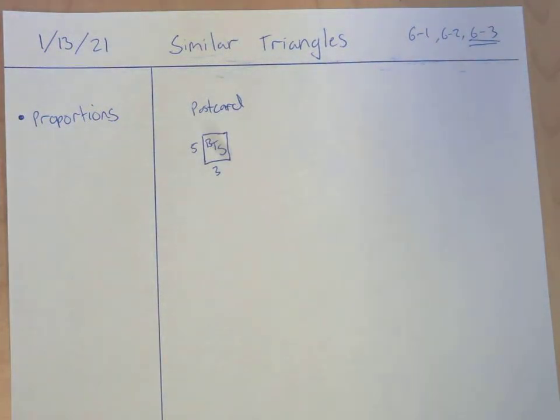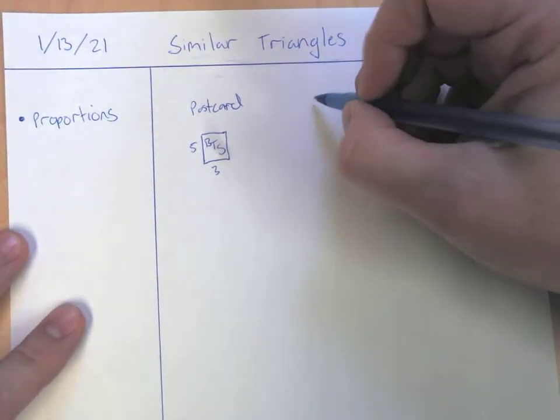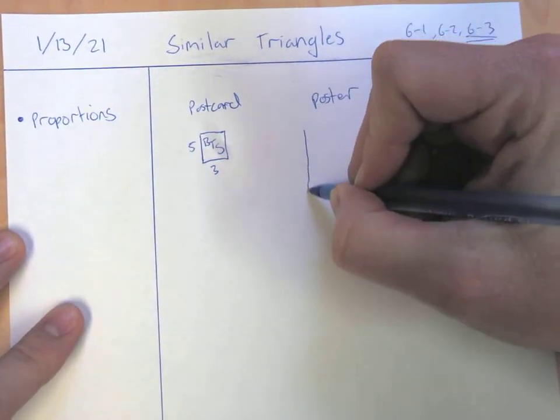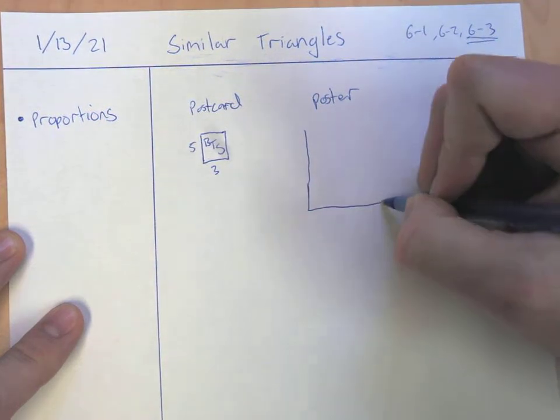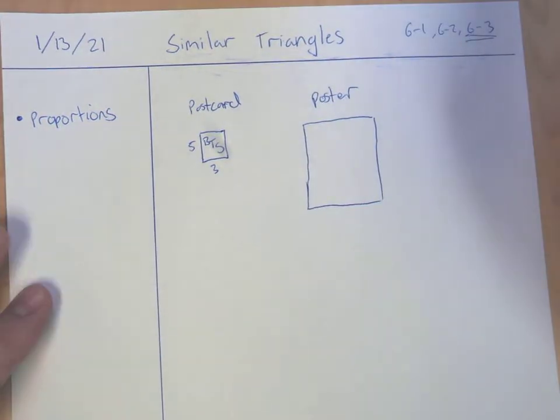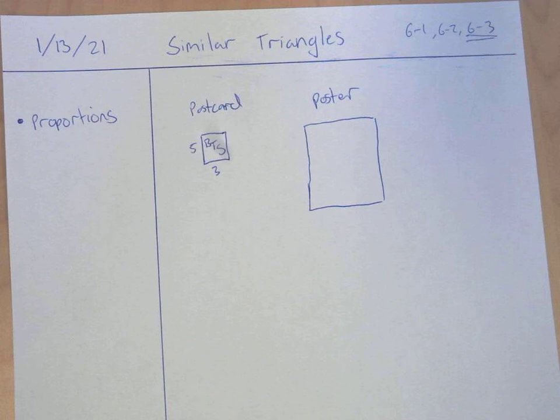When we make it bigger, though, we don't want it to be distorted. We don't want the image to be messed up. Okay, so we're going to have a poster here, and we'll make it kind of bigger. Obviously, our drawing won't necessarily be to scale, but let's say we have our poster here. And let's say we measure the door. This is going to go on our bedroom door.